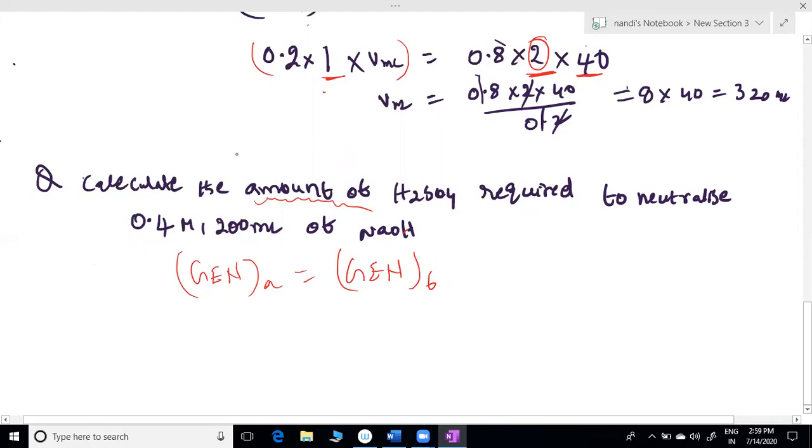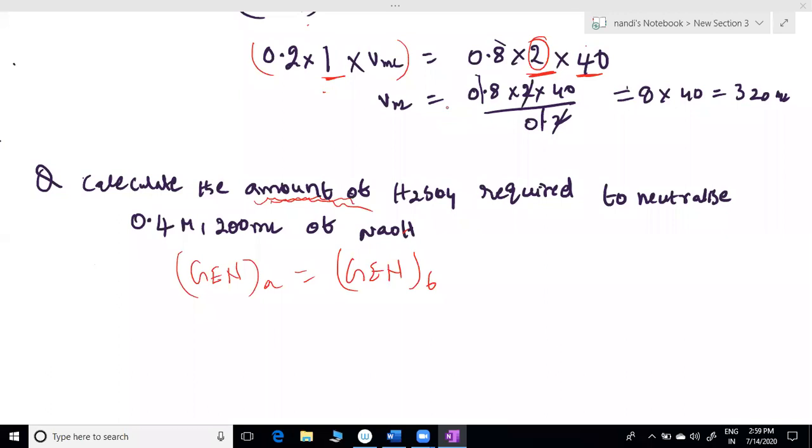Can you refer to your class notes? It is given there. Some people are too lazy, they can't look at their notes on the back side also. Gram equivalent number for acid is given mass by gram equivalent weight.